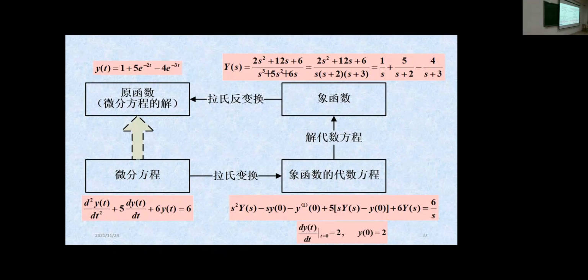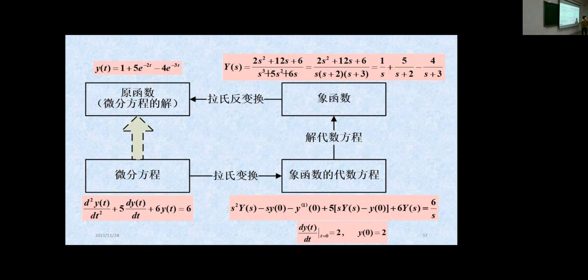This course does not require you to write down the whole derivation for the typical common functions' Laplace transforms, but to memorize the commonly used transforms. It will help you solve problems quickly. Maybe during the test you will be given a differential equation to solve, and if you have memorized the commonly used functions, you can just write them down.